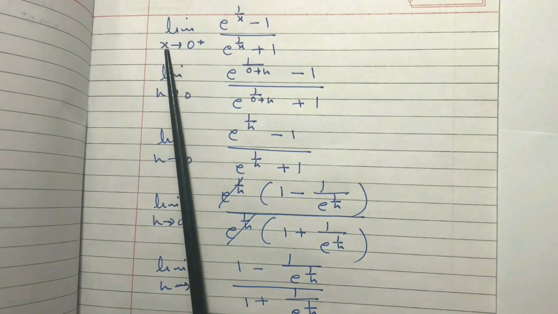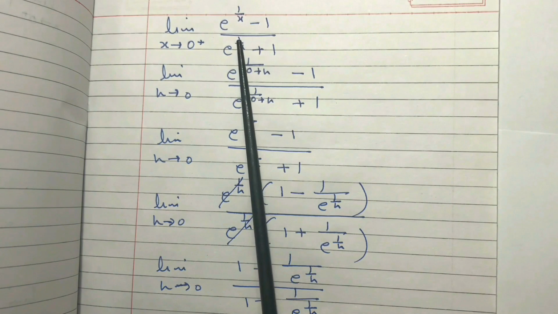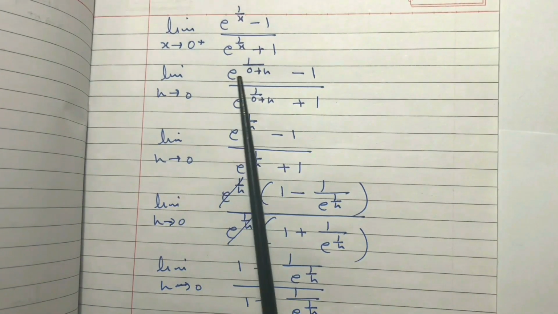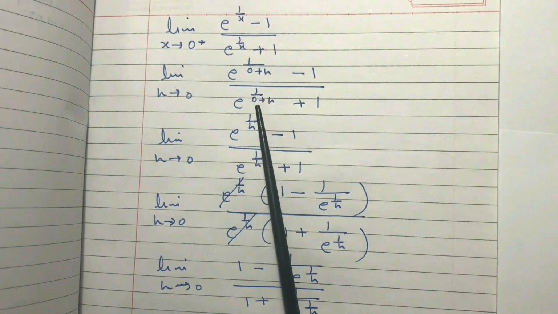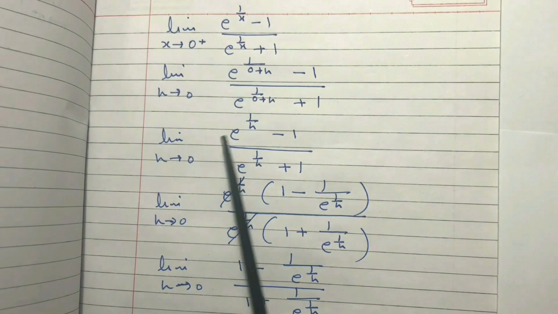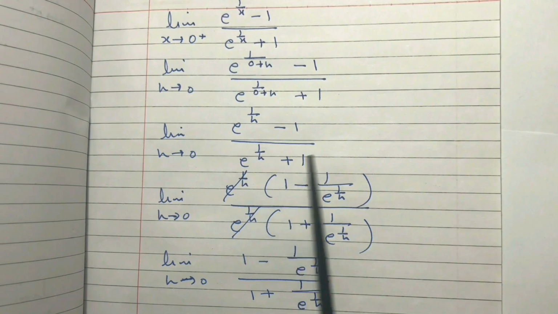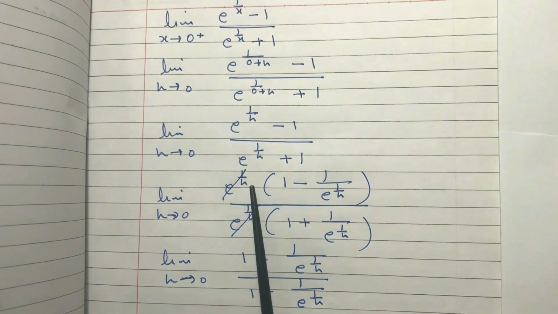Now limit x tends to 0 plus e raised to 1 by x minus 1, e raised to 1 by x plus 1. Now limit h tends to 0, e raised to 1 by 0 plus h minus 1, e raised to 1 by 0 plus h plus 1. Limit h tends to 0, e raised to 1 by h minus 1 upon e raised to 1 by h plus 1. Now limit h tends to 0, take e raised to 1 by h common.